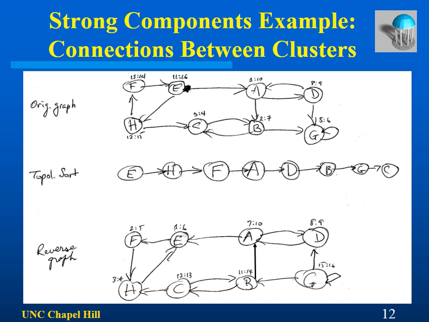In a similar way, the arc from H to C, when reversed, was not used in the DFS process. It was never followed to identify something that was previously unseen. And so up in the original graph, that arc from H to C is identified also as connecting clusters, and it connects the EFH cluster to the CB cluster.